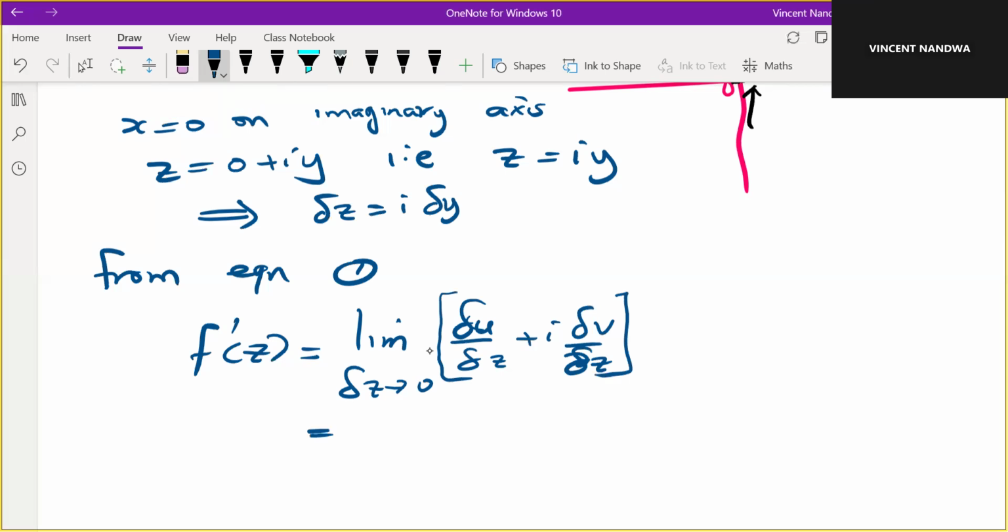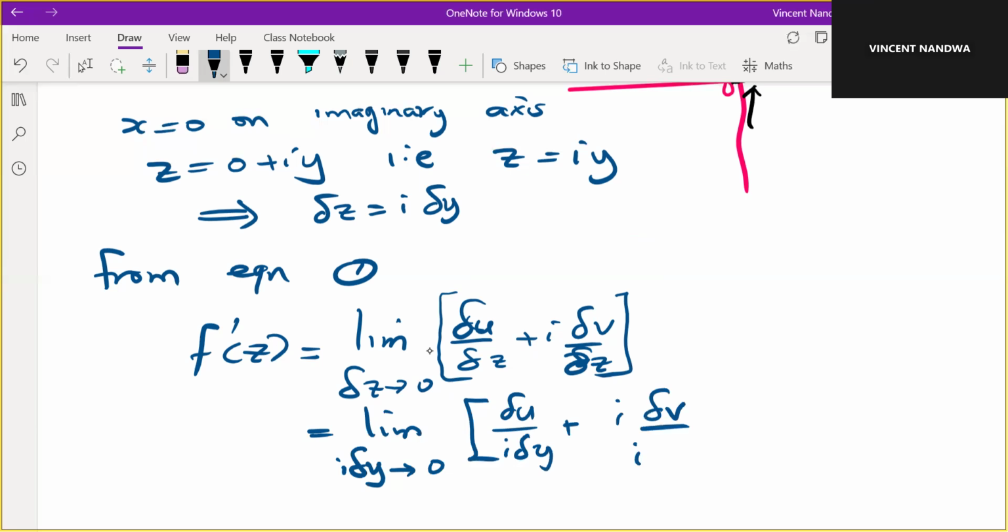This will be the limit, now where there's delta z we put i delta y, as i delta y approaches 0, of delta u over i delta y plus i delta v over i delta y.